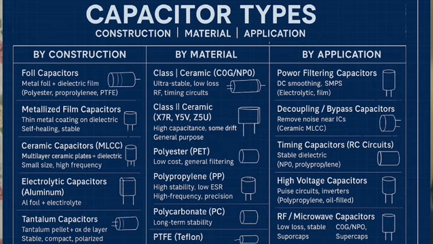For RF and microwave applications, we use C0G and NPO, and supercapacitors have low losses and high stability. These are the major applications where we use these kinds of capacitors.